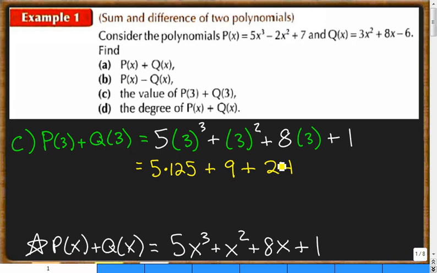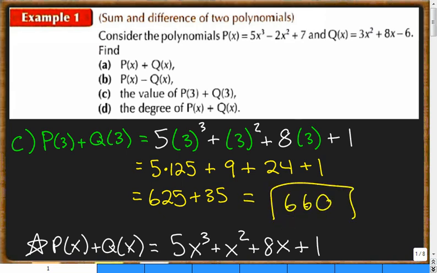And then our positive 1 left over. So now we just need to evaluate this. 5 times 125 is 625. We have the plus 9, the plus 24, plus 1. That should make plus 35. And so we have 660 being the answer to our problem.